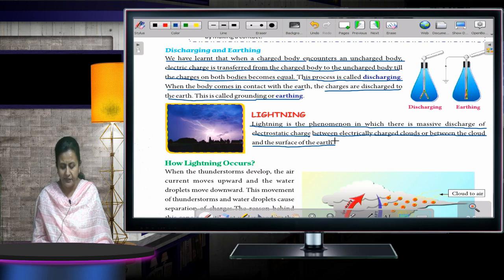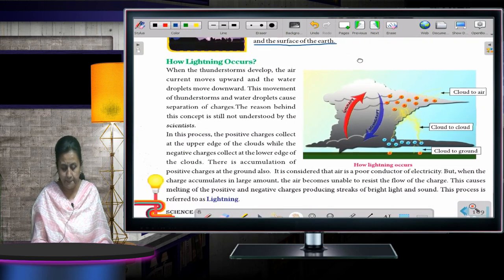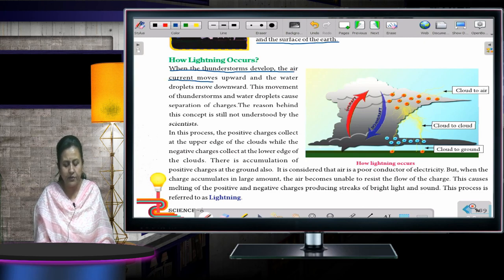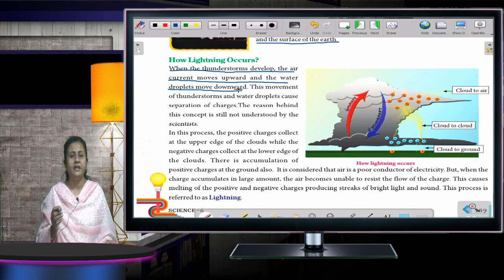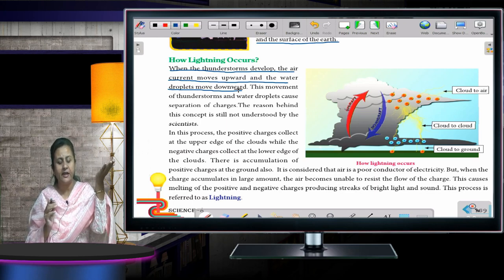How does lightning occur? Here you can see, I am going to read it out for you. When a thunderstorm develops, the air current moves upward and the water droplets move downward. Whenever the thunderstorm is there, the air current starts moving upward and the water droplets start moving downward.